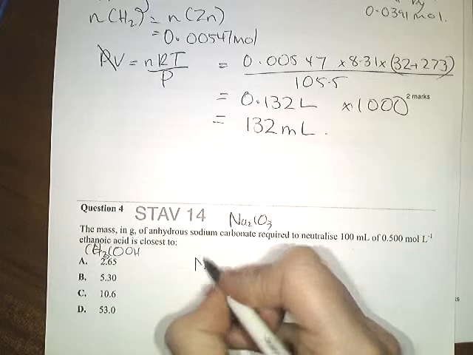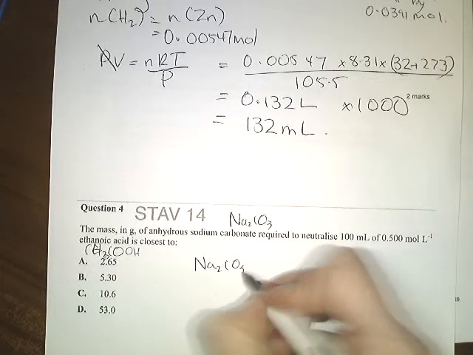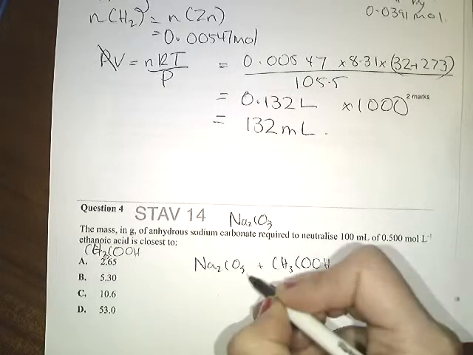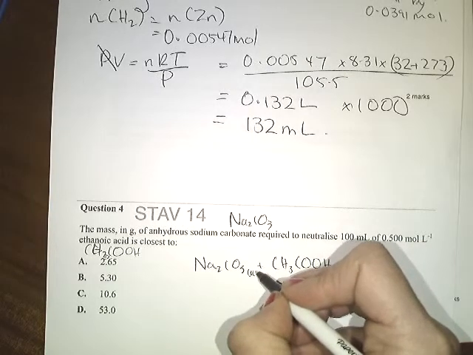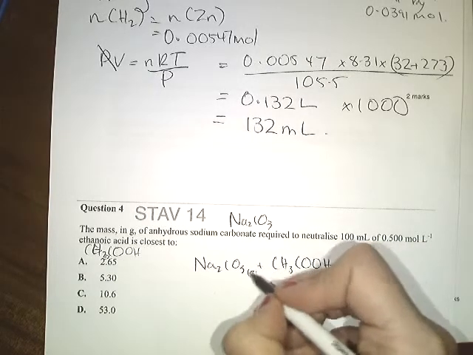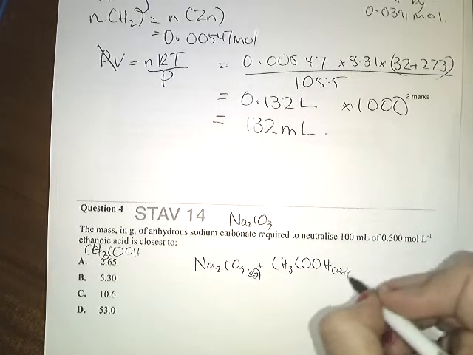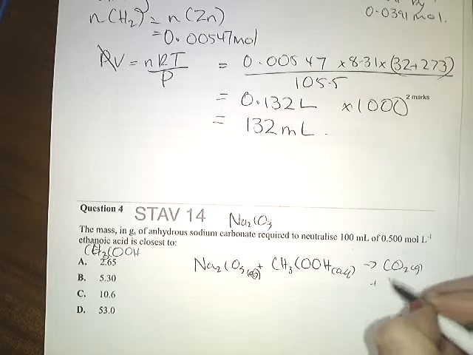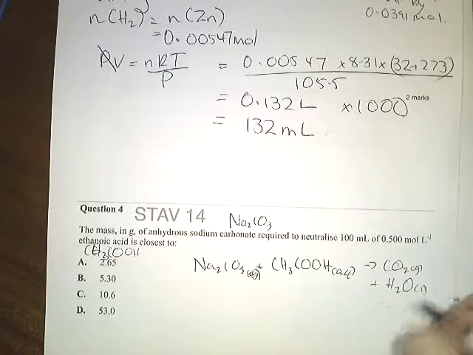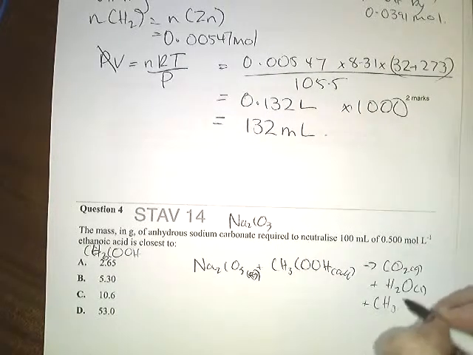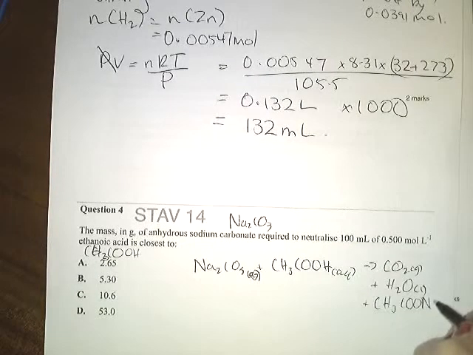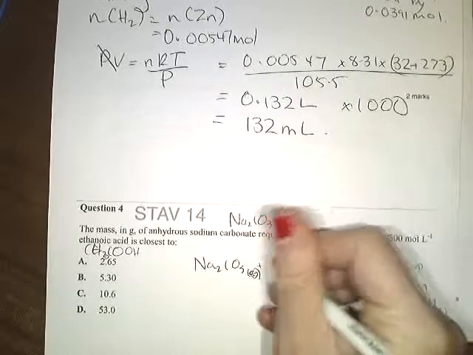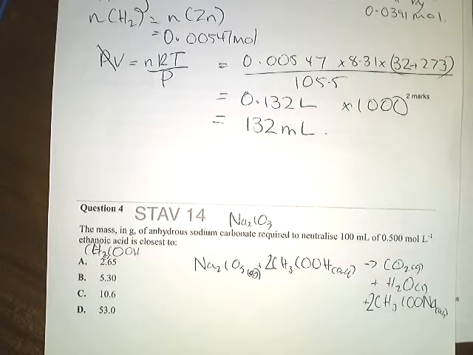So first of all, you're going to have to get the mole ratio by writing out the equation. And we have to balance, and yes, it's a 2 to 1.